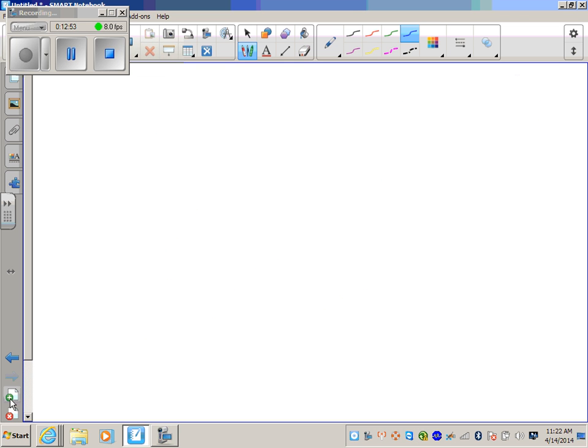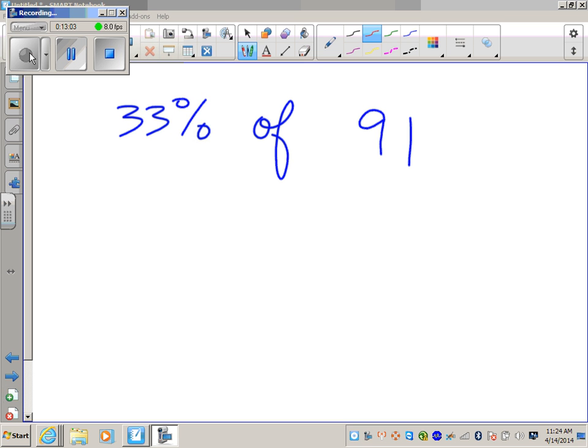Let's see. 33% of 91. All right, so fraction should be easy. 33% was what? 1/3. Now, what number closest to 91 is divisible by 3? 90.